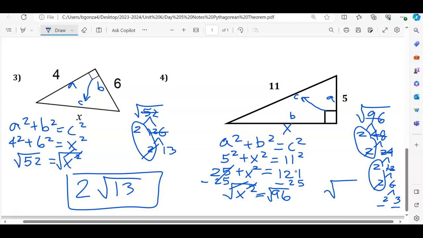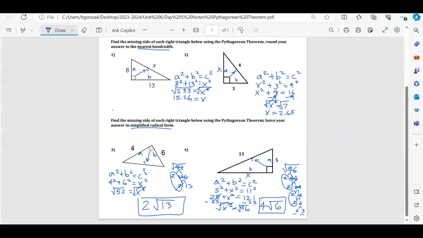Maybe you learned in this class or another class that those pairs go out to the left and multiply. So 2 times 2 gives me 4. And then my leftovers, 2 and 3, multiply on the inside to make 6. That's how you do a factor tree.